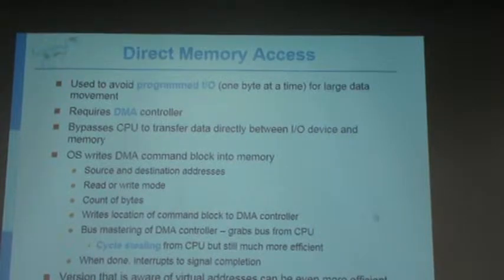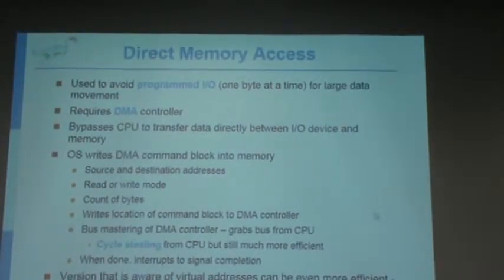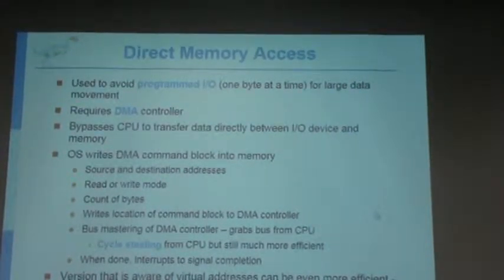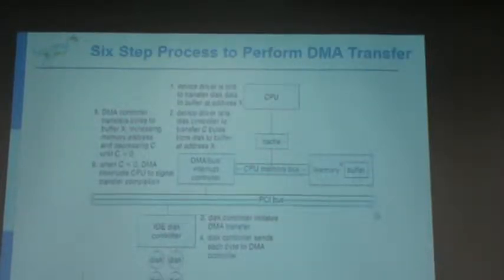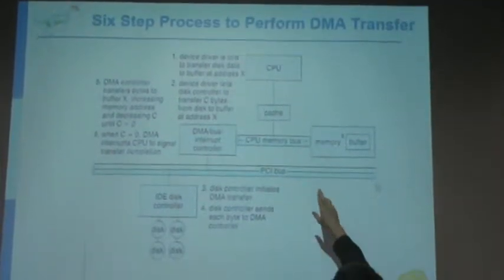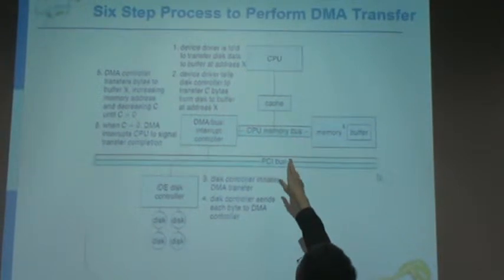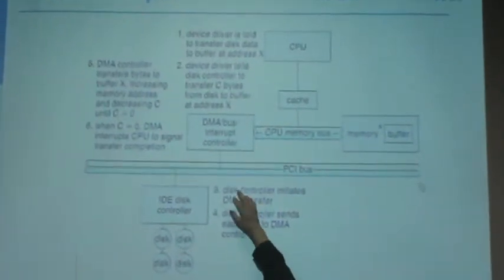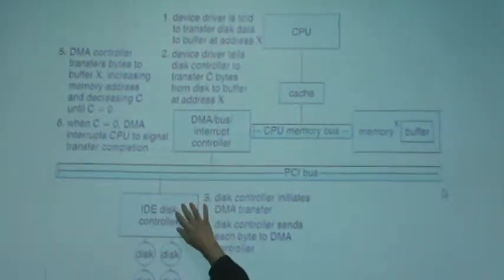So it's okay when you read just a small size of data. What if you have 1 GB of data? It's a waste of resources. Instead, let's take a look at this diagram. It's called direct memory access. Instead of going through the CPU and cache, it can directly read the data from the disk controller.